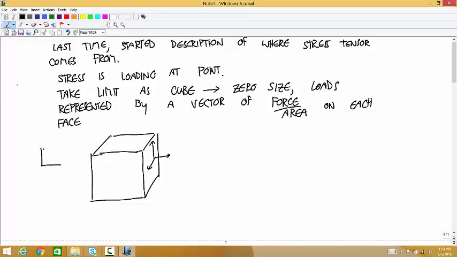So if this is the coordinate system, you end up with a force vector on the x face, a force vector on the y face, a force vector on the z face, and then the way I've drawn this cube, you can't see the negative faces, but there are force vectors on each of those two. Oh, and these should be divided by areas.